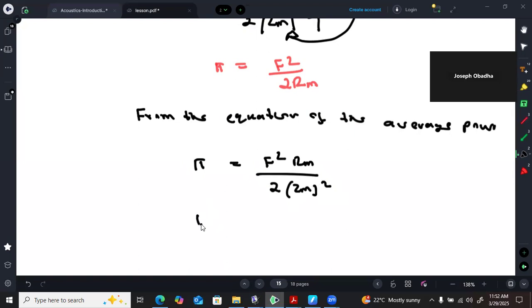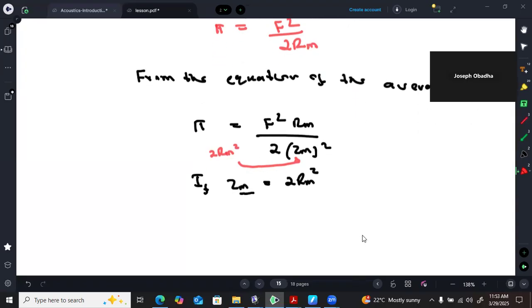Let's assume Zm squared equals 2Rm squared, so that we substitute 2Rm squared there.